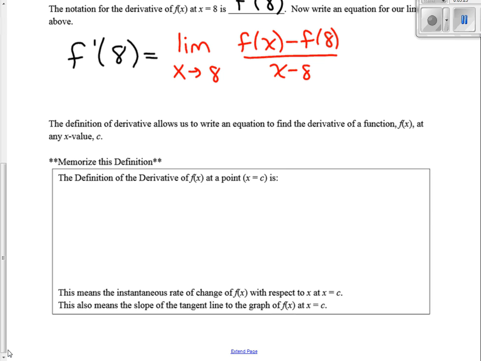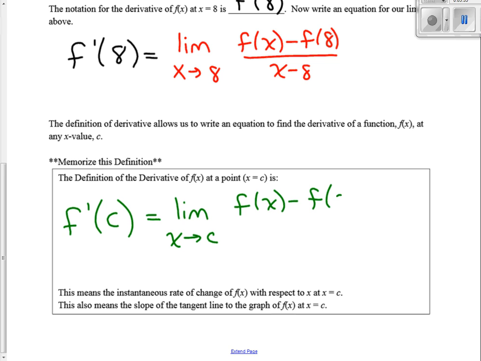So the definition is f prime at c, so any x value that we're calling c, is going to be the limit as x approaches that c value of f of x minus f of c all over x minus c. And that will work for any value. The one we had written above was only good at x equals 8.